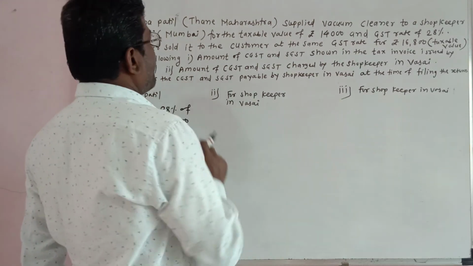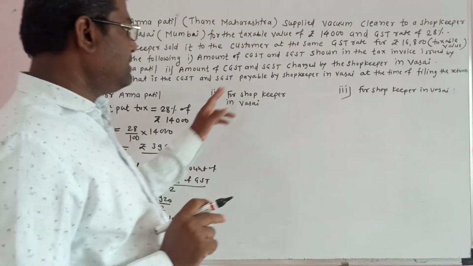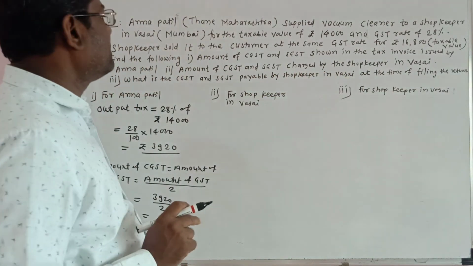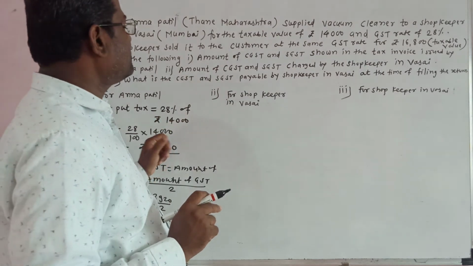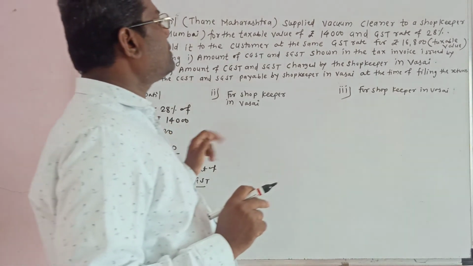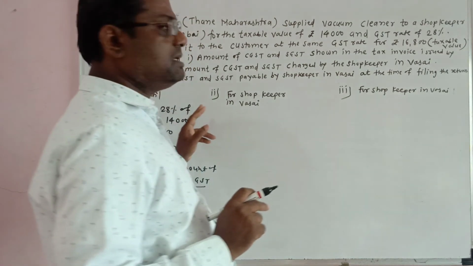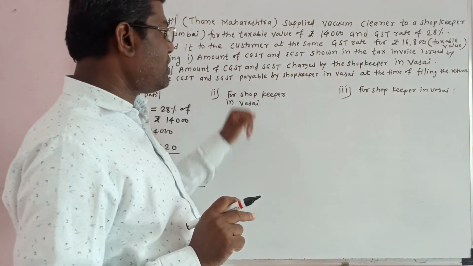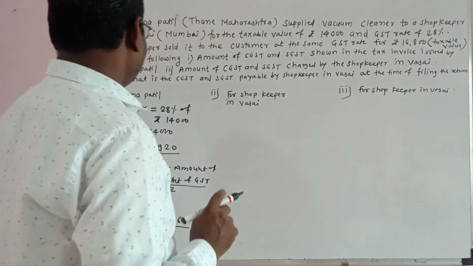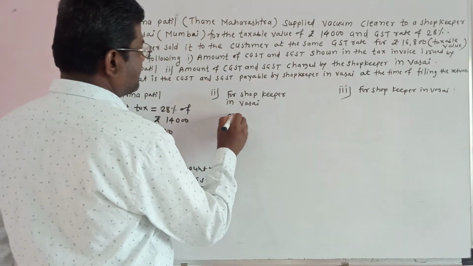Now number 2, the amount of CGST and SGST charged by the shopkeeper in Vasai. If the shopkeeper wants to show the GST, CGST or SGST in his tax invoice, then we consider it his output tax.